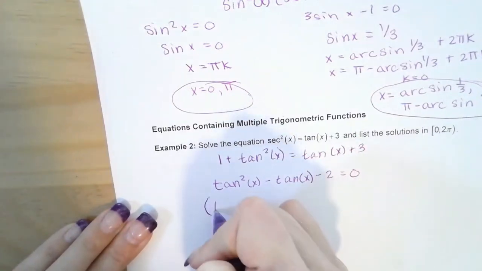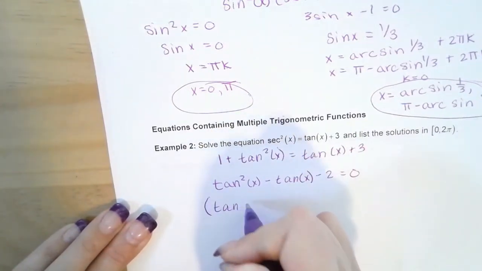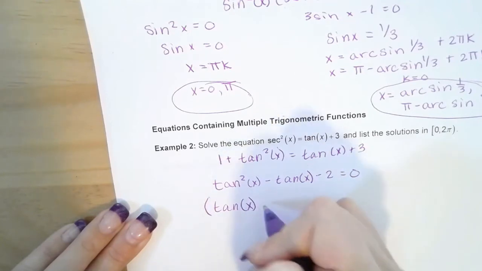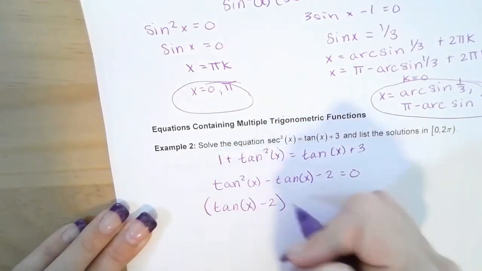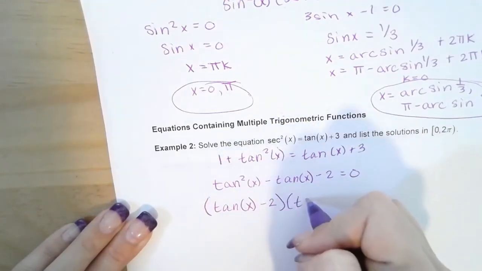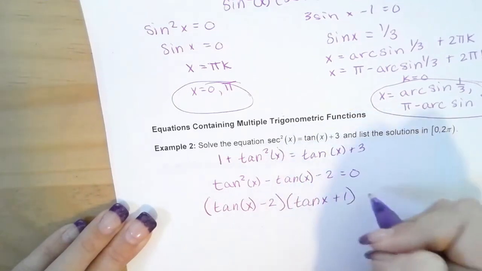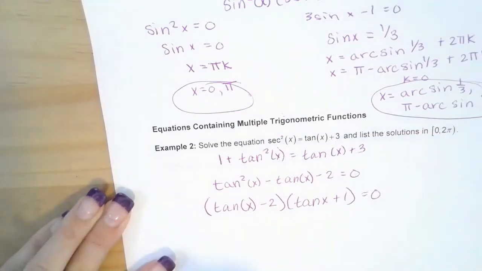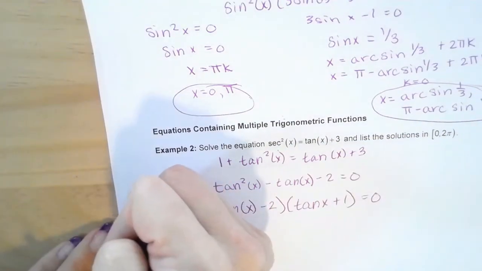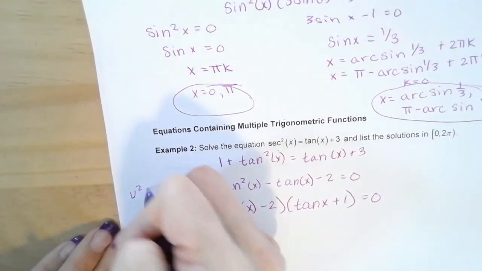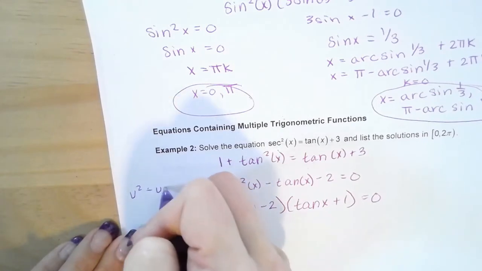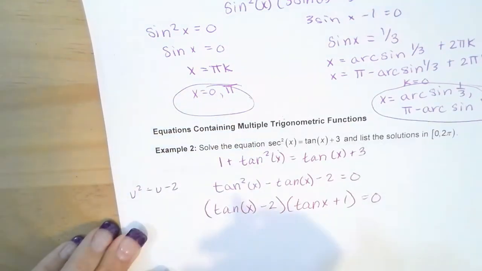When we do that, we get tangent x minus 2 times tangent x plus 1.